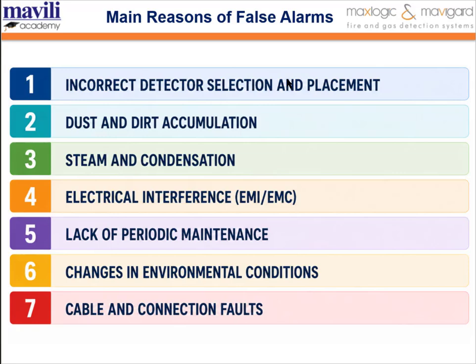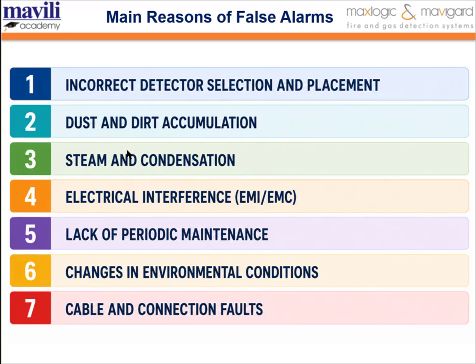We should use a heat detector because of the dusty environment. And also, the second one is dust and dirt accumulation, and similarly, steam and condensation. In kitchens, there are steam and condensation, so we cannot use an optical smoke detector, as I said earlier.